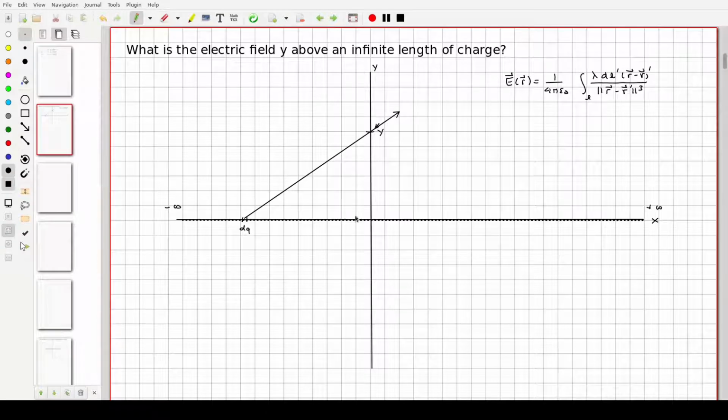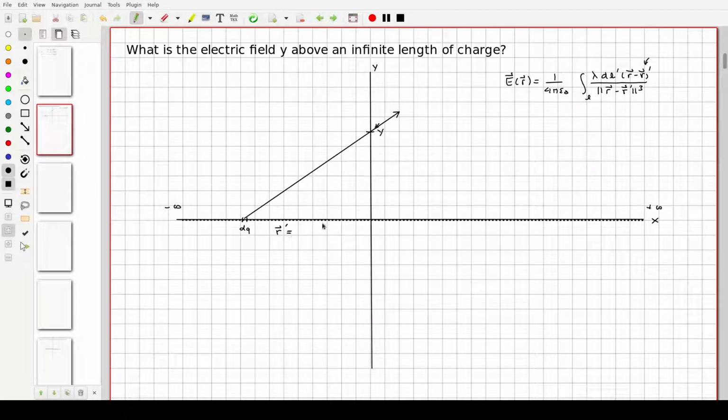Okay? So if you take a look at this vector right here, this would be the same thing as this right here, r minus r prime. So what would r prime be?